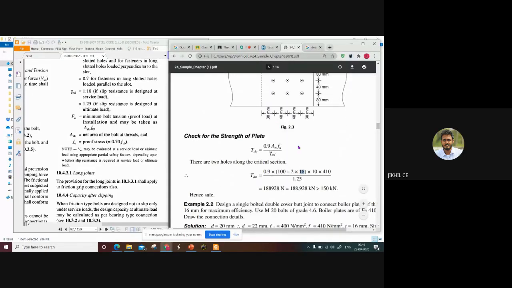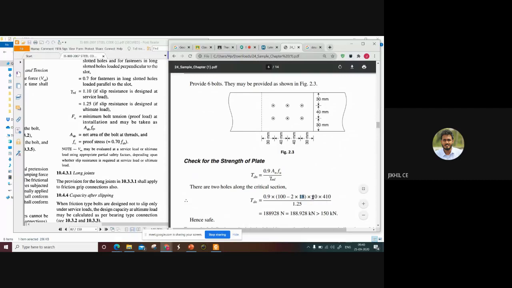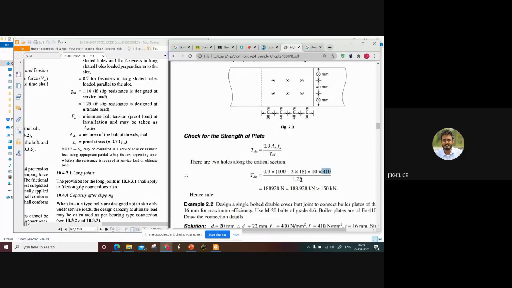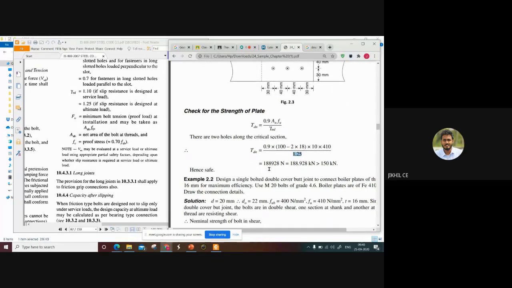So we get the net width of the plate into the lowest thickness of the two plates, 10 into 14, times the ultimate stress, divided by the material factor of safety, 1.25. You will get it as 188.928. So as the design load is only 150 kilonewton, the plate will take 188. It is safe.